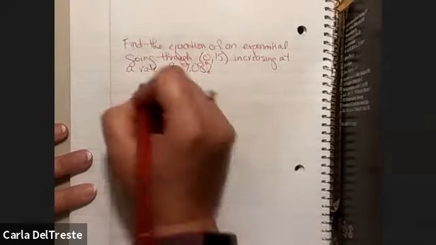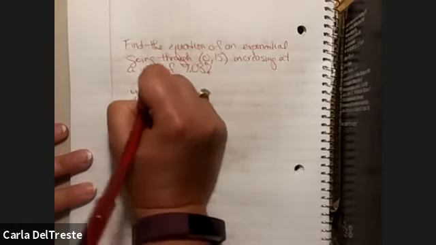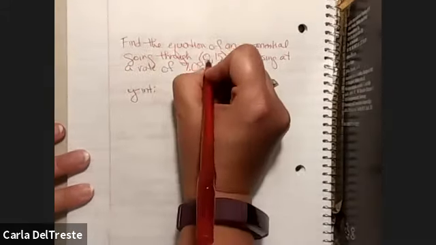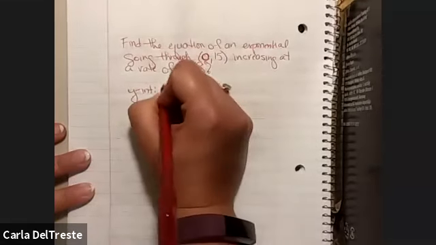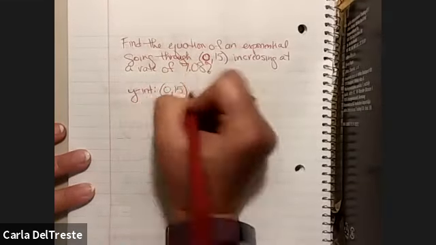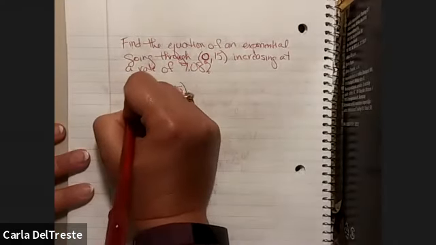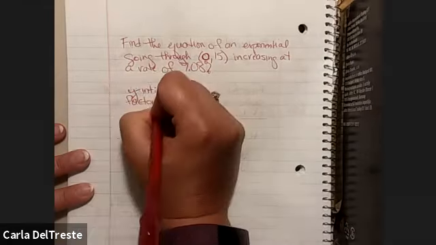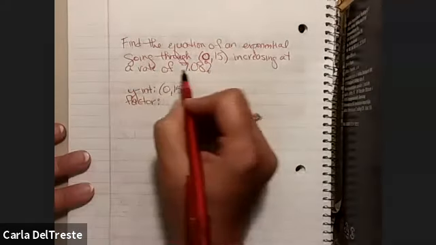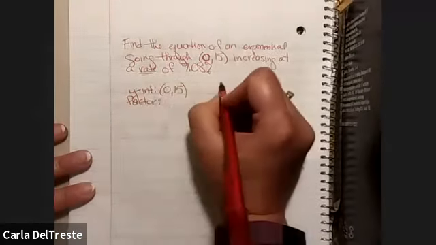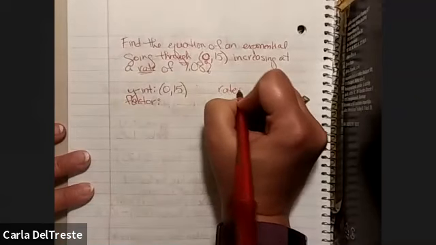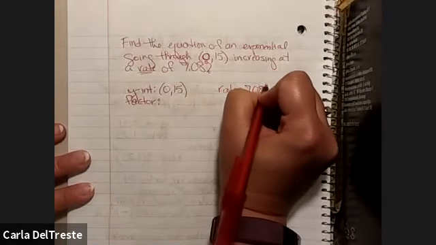So first things first, can I identify the y-intercept? My x value is 0, my input is 0, and so I know that (0, 15) is my y-intercept. The problem is that I don't physically have my factor right now. What I do have is a rate of 7.08%.